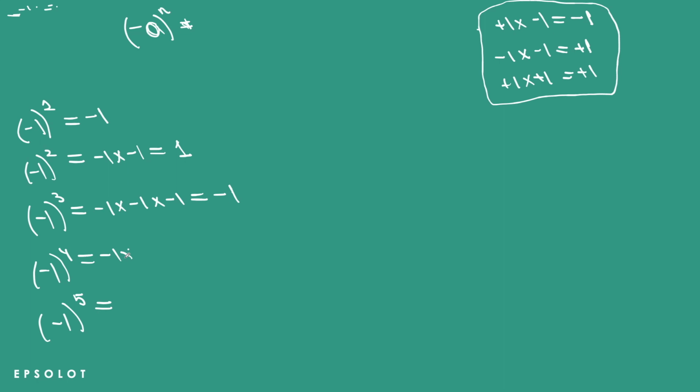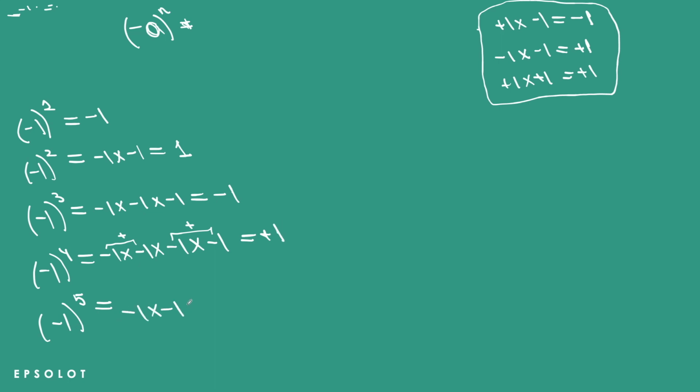Now we multiply negative 1 with itself 4 times. Negative negative gives you a positive, and negative negative also gives you a positive. So a positive positive gives you a positive number.